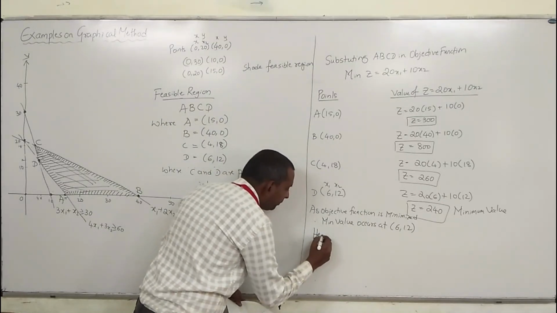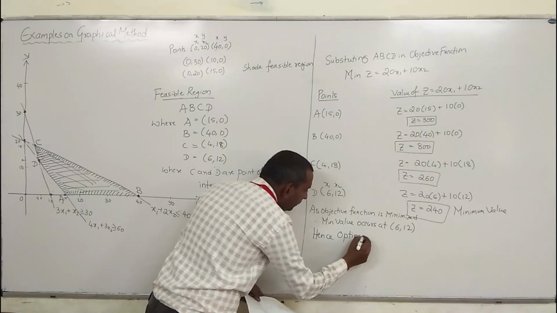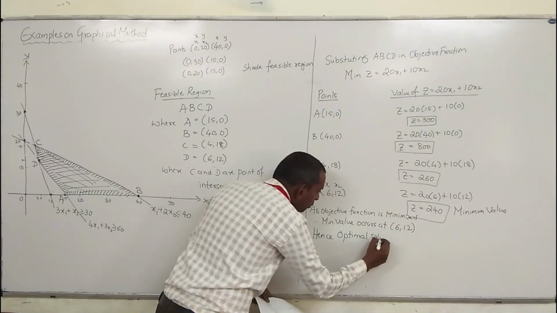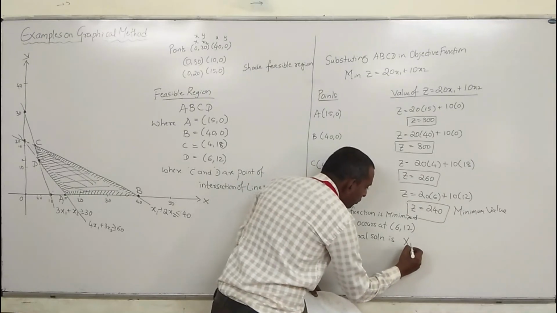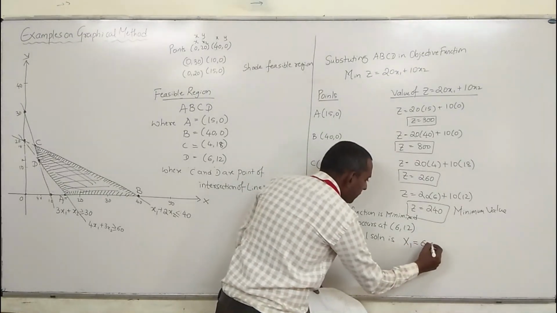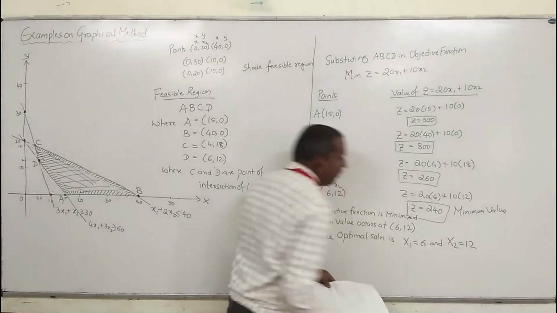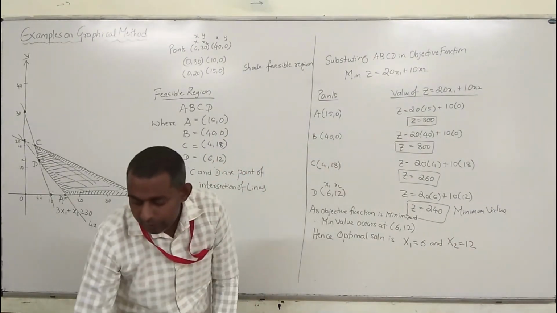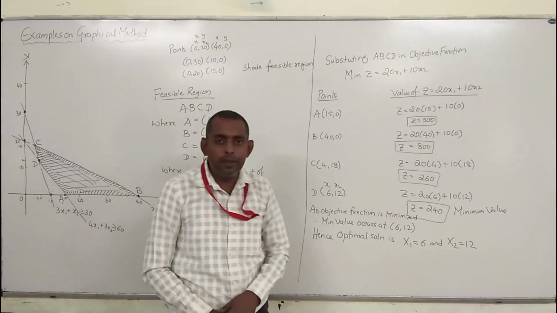Hence the optimal solution is x1 is equal to 6 and x2 is equal to 12. So this is what the graphical method is. Fine. Thank you very much.